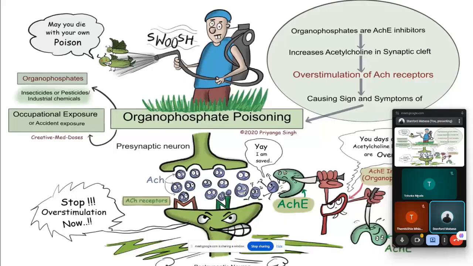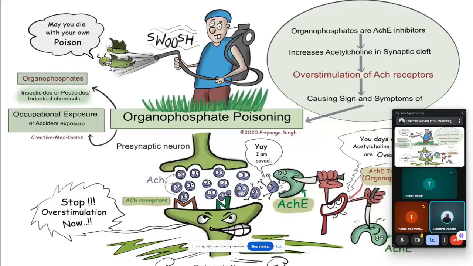This is quite dramatic, this is a diagram trying to dramatize what can happen. You can see that enzyme which is holding some knives, and that is the organophosphate, right?